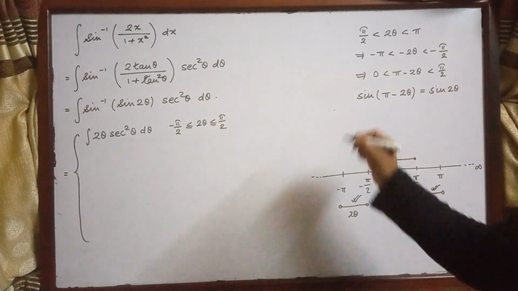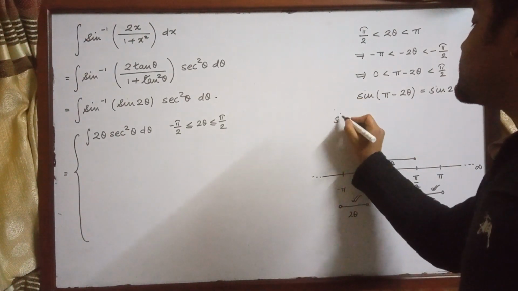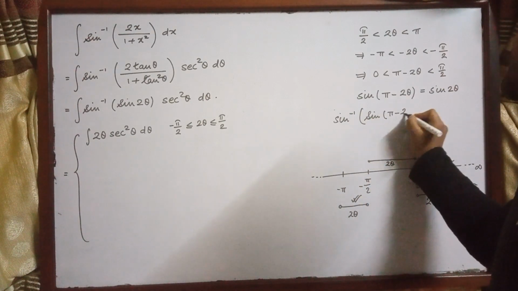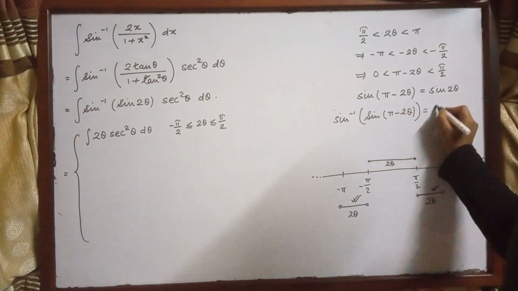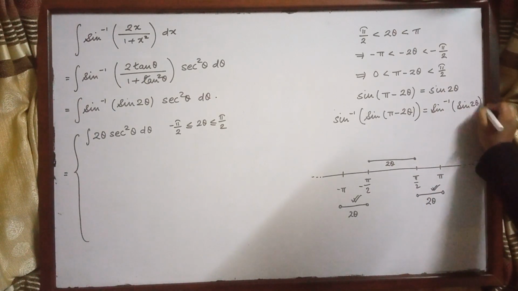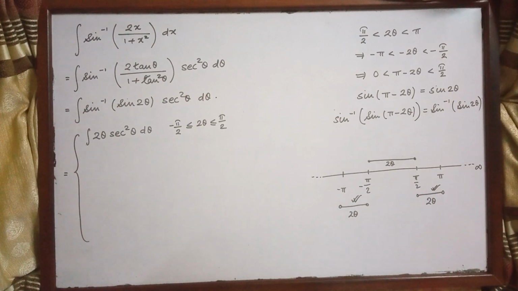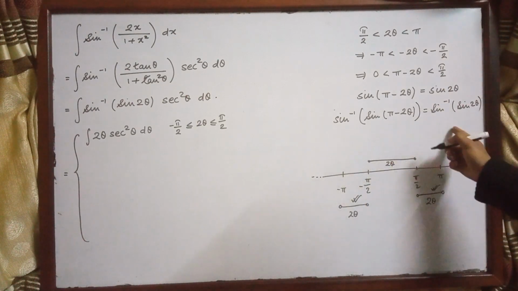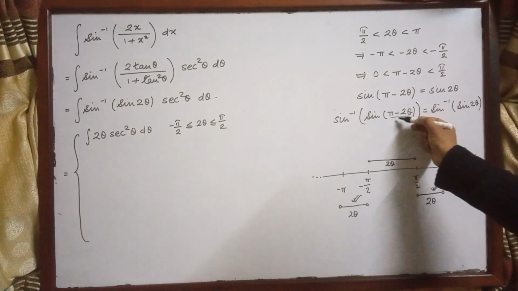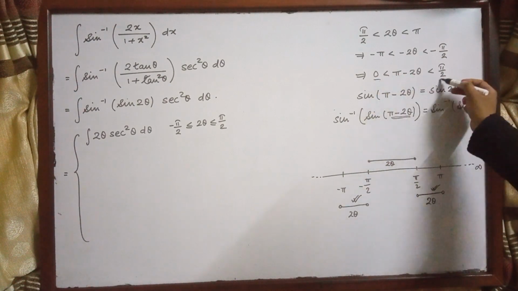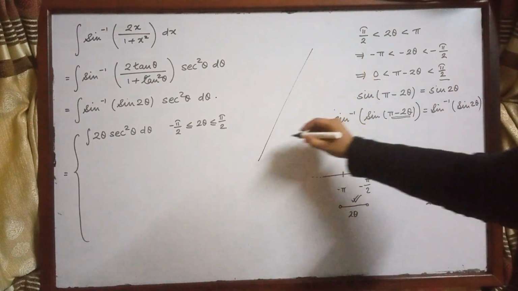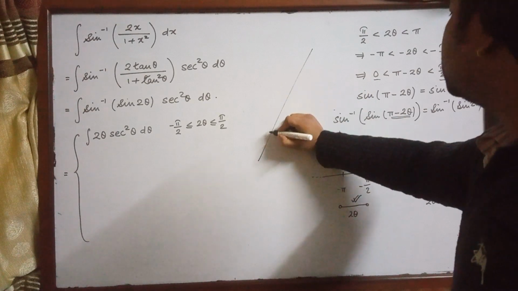So sine inverse of sine of pi minus twice theta will be equal to sine inverse of sine of twice theta. And since this thing over here is between 0 and pi by 2, let's see, pi minus twice theta, right?